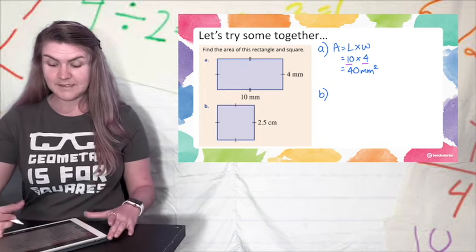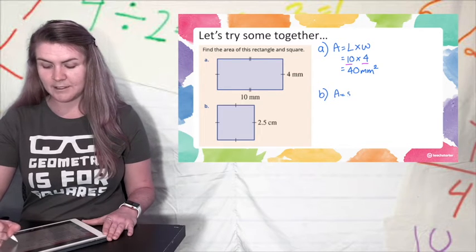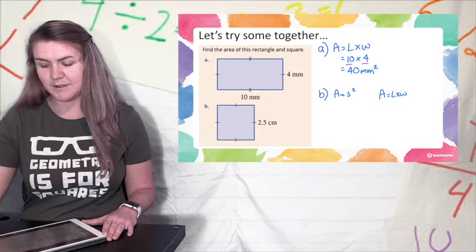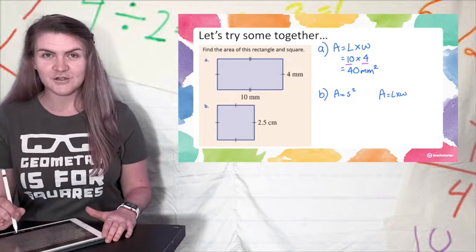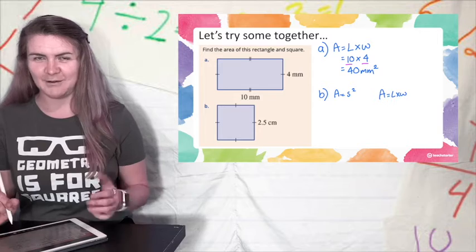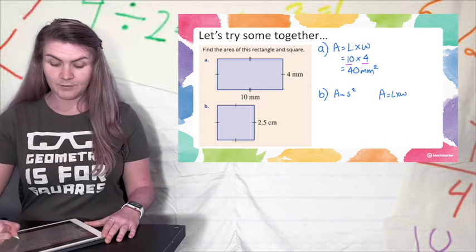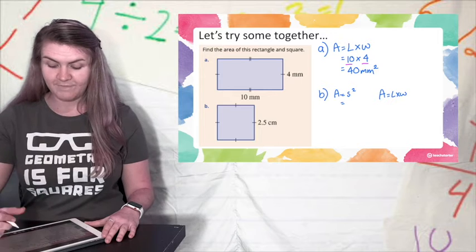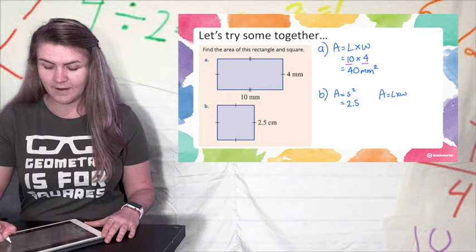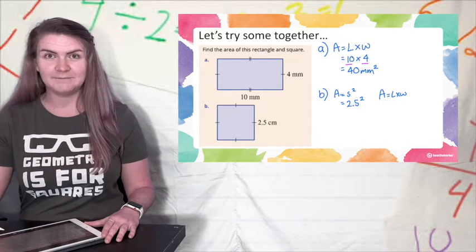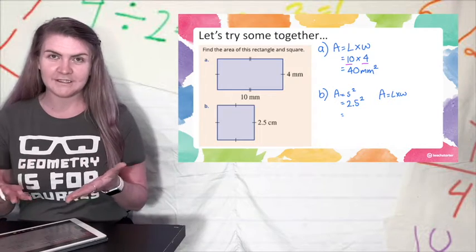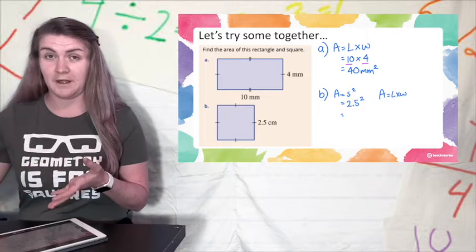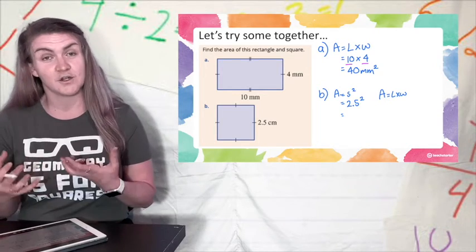B. B is a square, so I can write area equals side squared, or I could write area equals length times width. It's up to you. I'm going to do the square formula just so you can see how it looks. So I've got to replace my pronumeral. S is the side. The side is 2.5 centimeters. So I'm going to say 2.5 centimeters squared. Now, you are welcome to use your calculator because the point of this mathematics is not for you to be able to show that you can square numbers, but the point is to show you can find area.